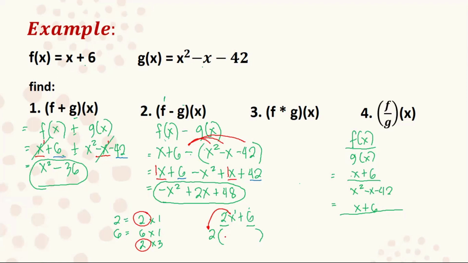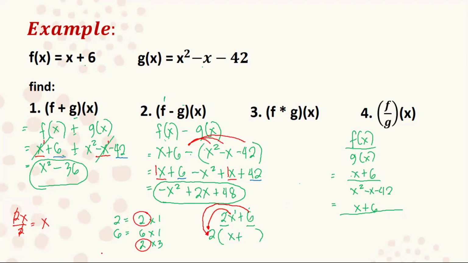So 2x divided by 2, we get, cancel this out, we get x. So we write here x plus. Next is you have to divide the second term of this binomial by the common factor.